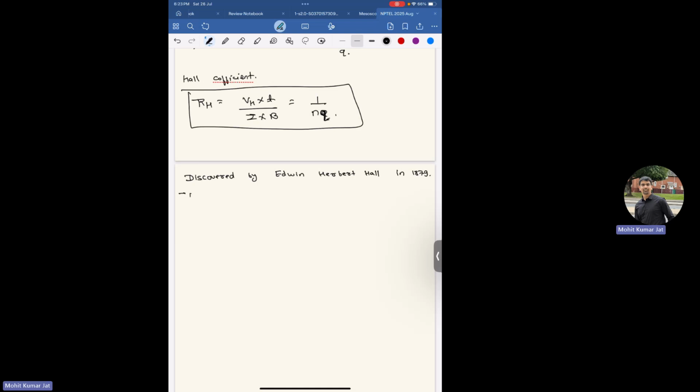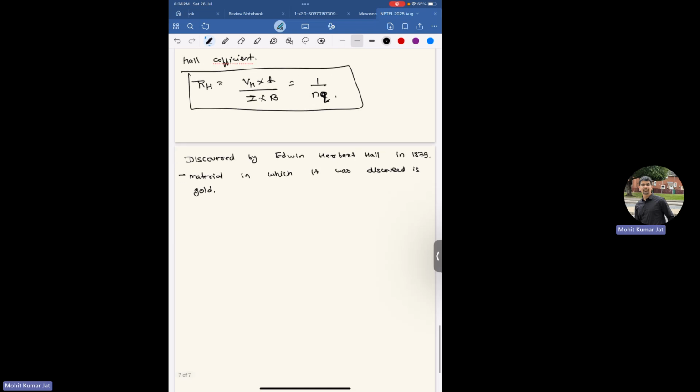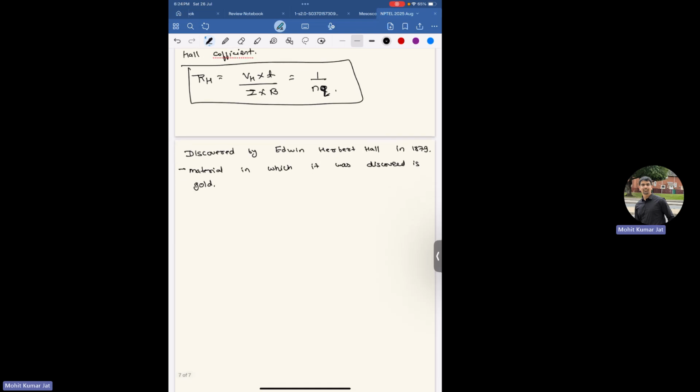The material in which it was discovered is gold. At that time, he was a graduate student at Johns Hopkins University, and he was the first to observe and explain the physical origin of this transverse voltage. So that's the Hall voltage.